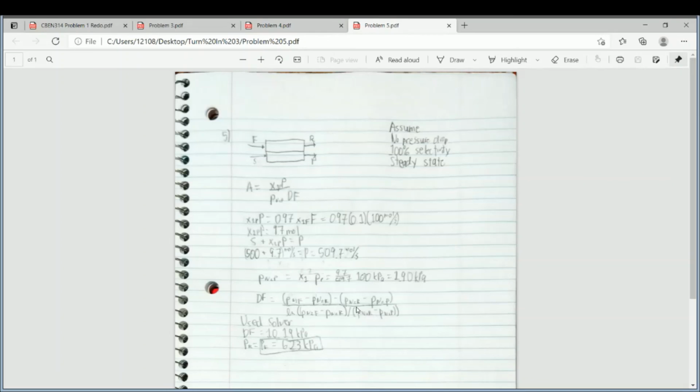So we go through all of this. We're going to find the partial pressure of the nitrogen. I used the solver method to find this. So it ended up getting me 623 kilopascals, which is much higher than expected compared to the other 100 kilopascals in the sweep in the permeate.